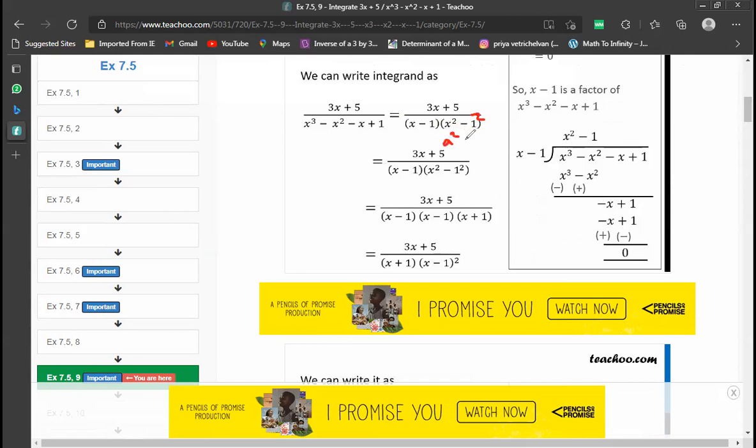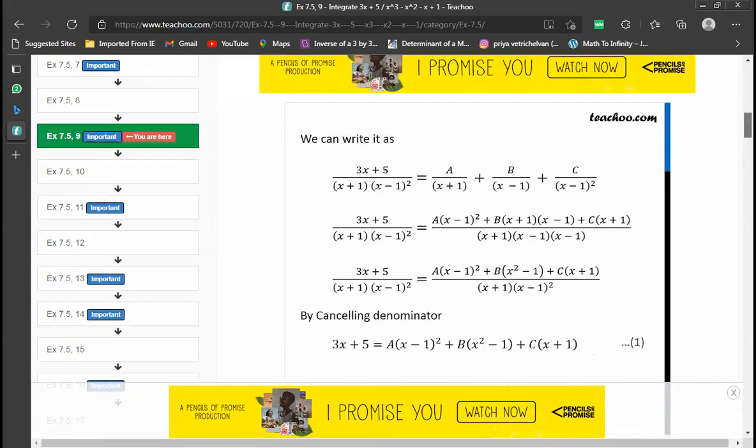So now this is in the form of a square minus b square, which can be written as a plus b into a minus b, isn't it? Can we write it as x plus 1 into x minus 1? So now you can write it as a divided by x plus 1 and b divided by x minus 1 and c divided by x minus 1 the whole square. Got it?